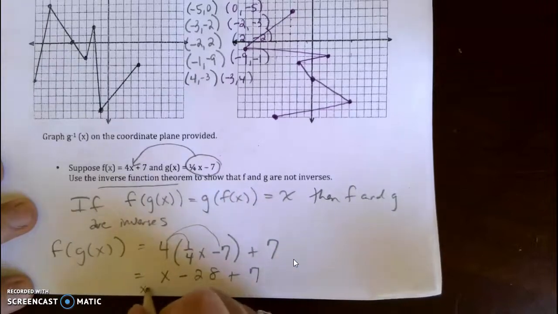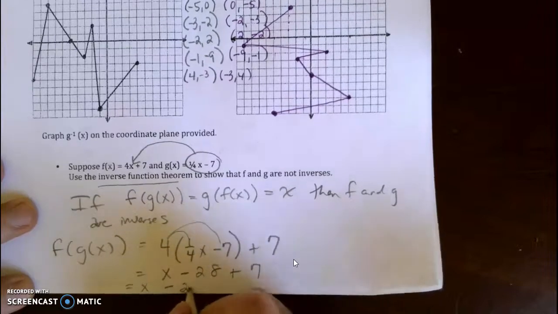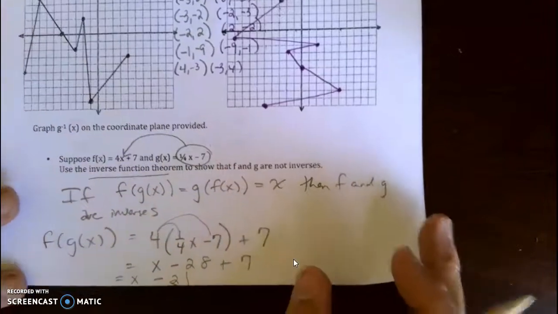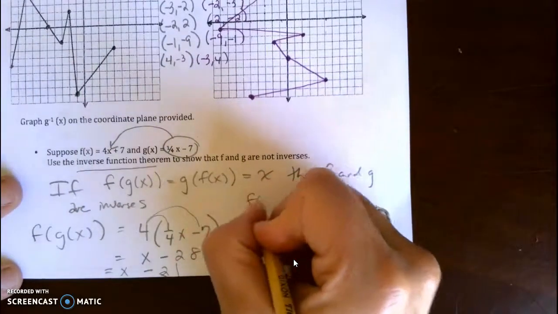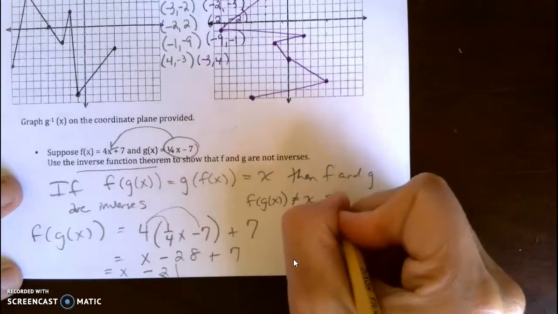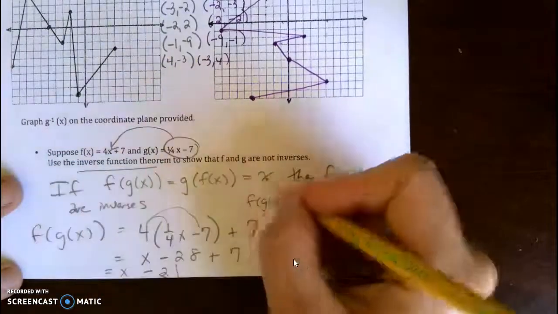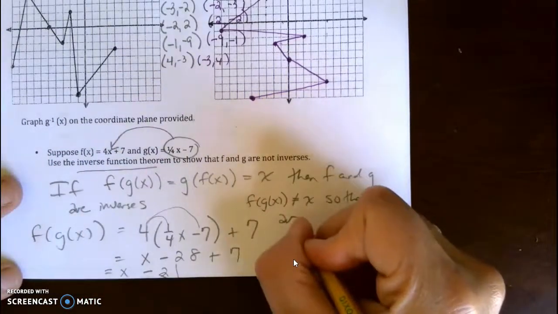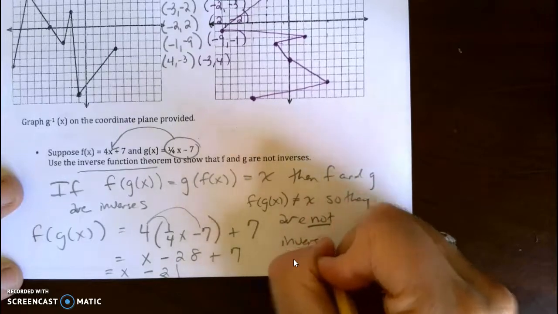So I get x minus 21. Well, that does not equal x. So f of g of x does not equal x. So they are not inverses. It doesn't even matter if it equals g of f of x. It doesn't equal x. So they are not inverses.